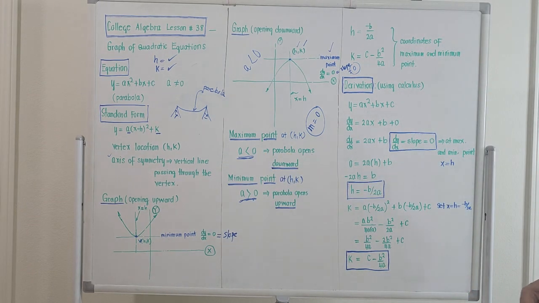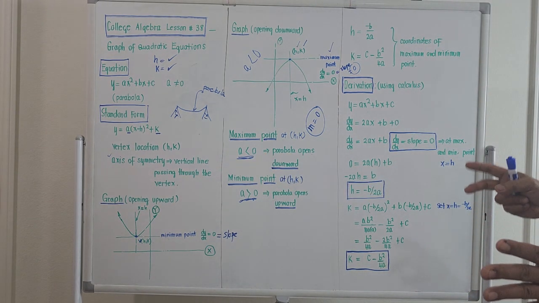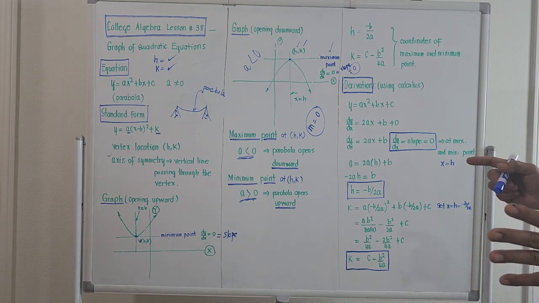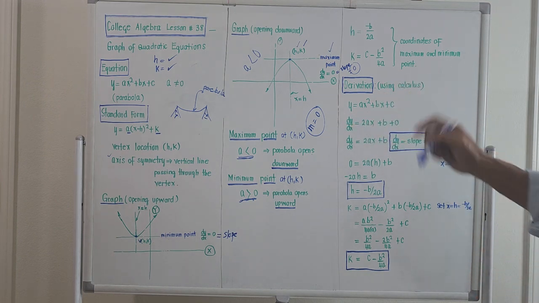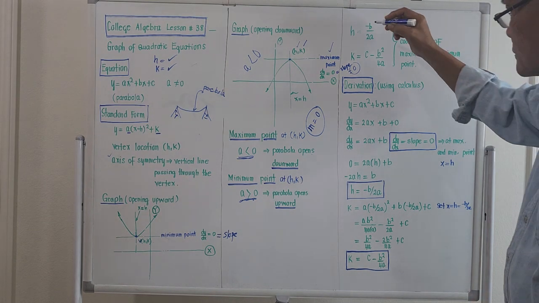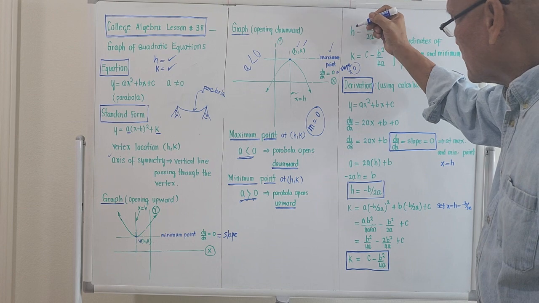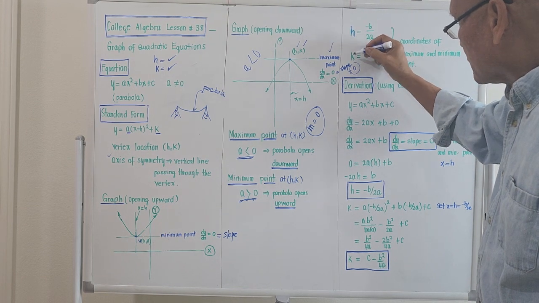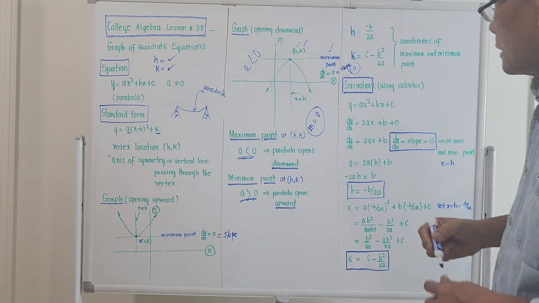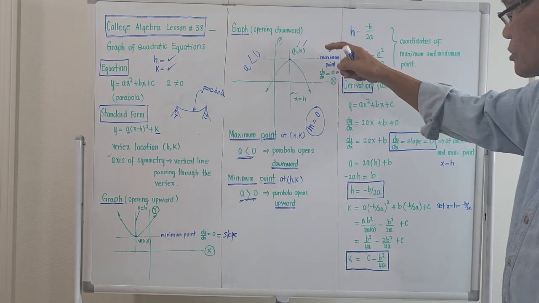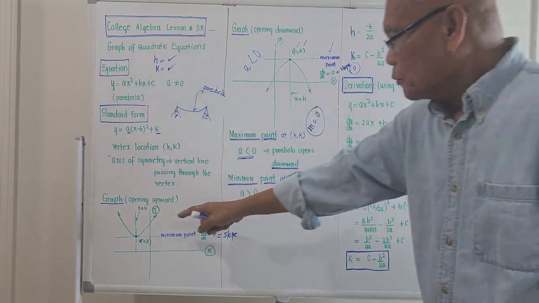Okay. What are the other important things on the maximum and minimum point? The other important things are the value of h and the value of k. What are h and k? h and k are the coordinates of the maximum and minimum point.